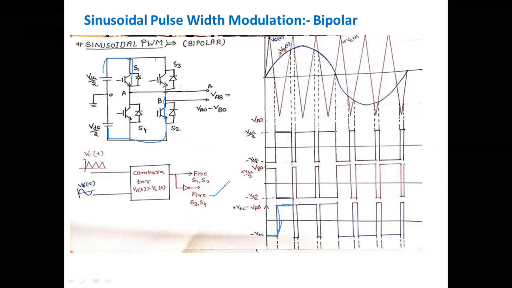Again S3 and S4 are turned on. For S3 and S4, VAO is negative and VBO is positive. As you can see here, S4 connects the negative terminal to the A point, and S3 connects the B terminal to the positive terminal. So again you can draw that VBO is plus VDC by 2 and VAO is minus VDC by 2. Okay, and similarly you can find VAB.